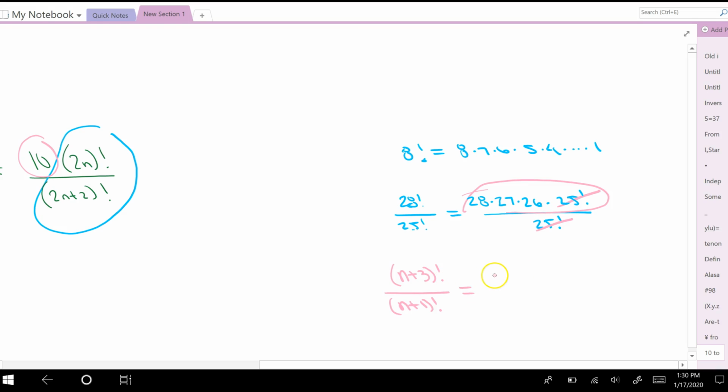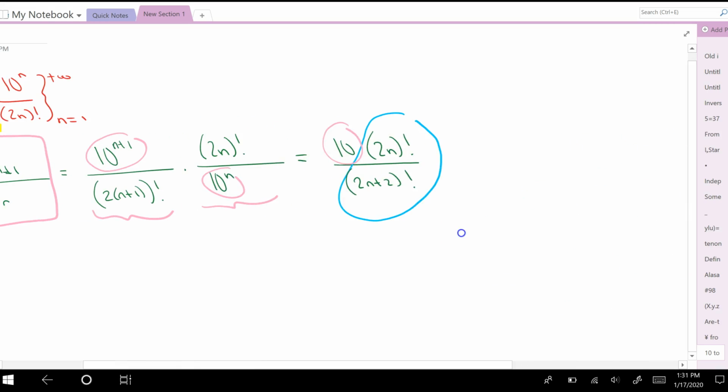So if I were to expand n plus 3 factorial, I would have n plus 3 as the first integer, times n plus 2, times n plus 1, and this continues going on down, right? But I'm just going to describe this continual behavior as n plus 1 factorial. And you notice over here, that is over n plus 1 factorial. And in fact, you'll see that these are able to be canceled out.